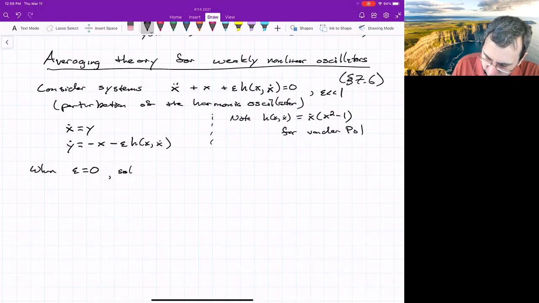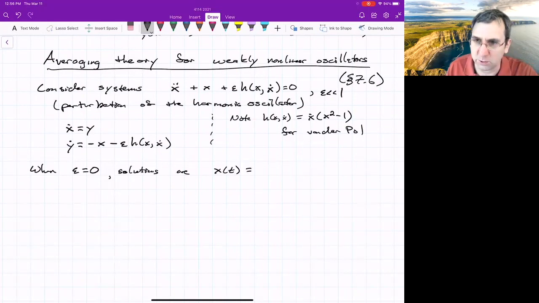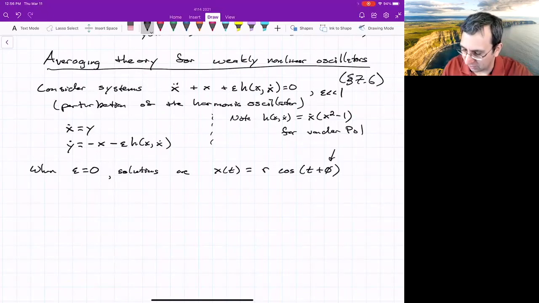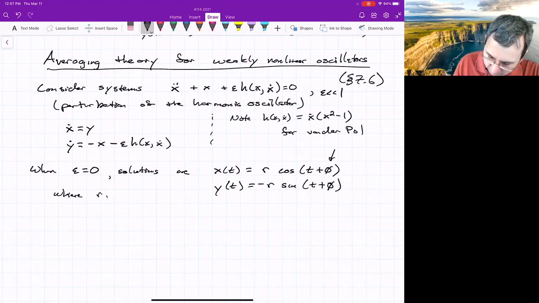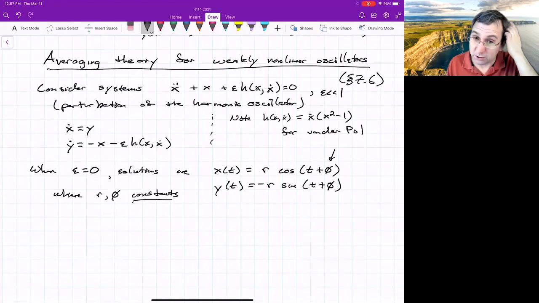The solutions are x equals a constant r times cosine of (t plus phi). So now we're including the possibility of a phase, and we're calling the amplitude r. So if that's what we had for x, then what we have for y is negative r sine of (t plus phi), where r and phi are constants along trajectories.